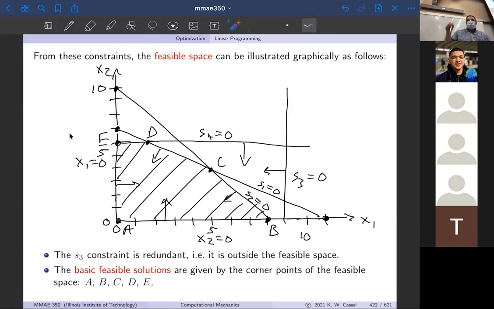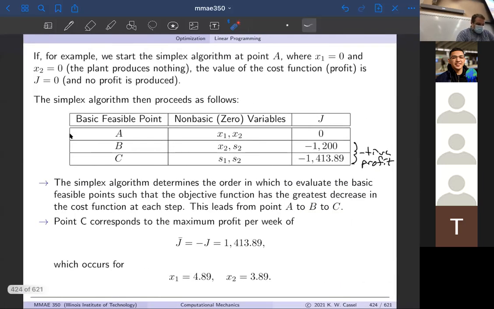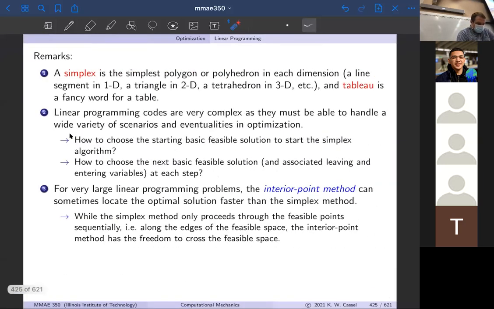If I can only go around the perimeter from one to the next, and I choose the wrong one, I could end up going around a pretty long way. So there is another approach. It's called the interior point method, which allows it to zip across the feasible space.